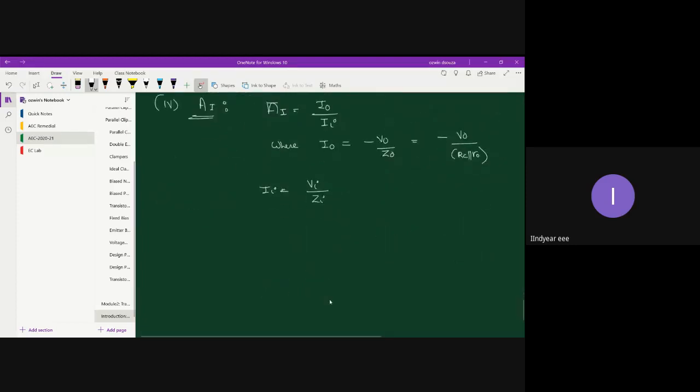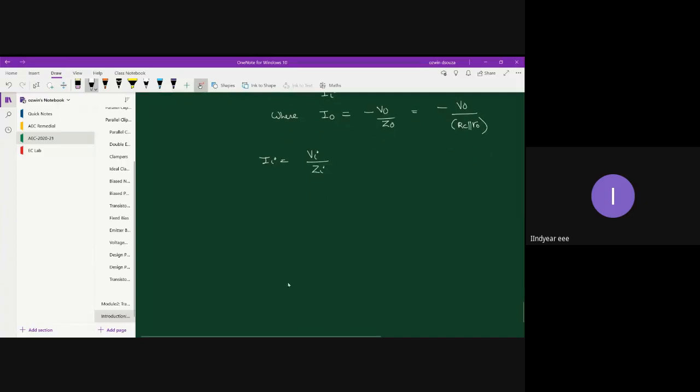Okay, fine. So let us find AI. AI is I naught by II. What is I naught? We have minus V naught by Z naught into II. What is II? It is basically VI by ZI. Since it is coming in the denominator, it is ZI by VI.